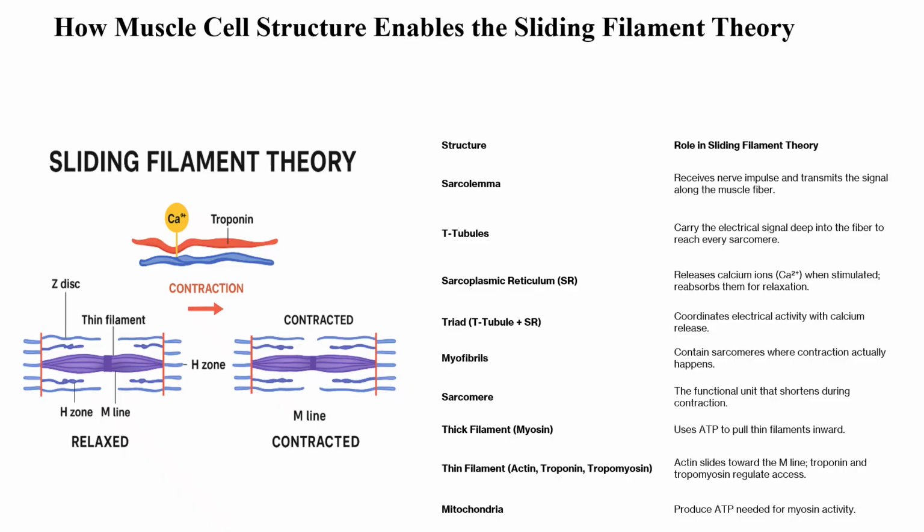So I know you're thinking, how does all of this structure actually cause movement? That's where the sliding filament theory comes in. When your brain sends a signal through a motor neuron, that signal reaches the sarcolemma, travels through the T-tubules, and reaches the sarcoplasmic reticulum.